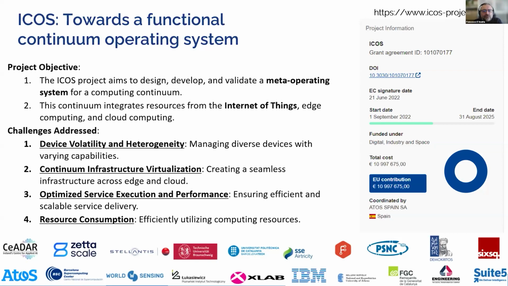Starting from the full name, this is Towards the Functional Continuum Operating System. It is a 3-year project, as you know. In terms of budget, it's around 11 million, and of course, it's a research and innovation action. The final expected technological readiness level for the technology that we will deliver is about 5 and 6.